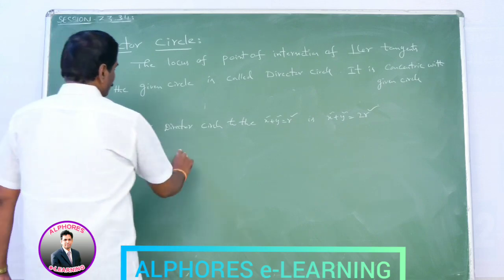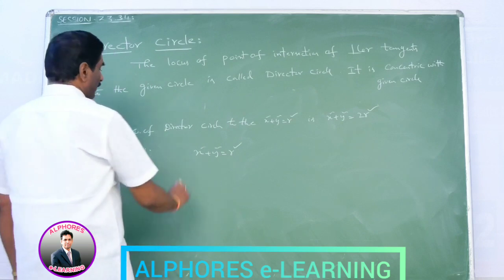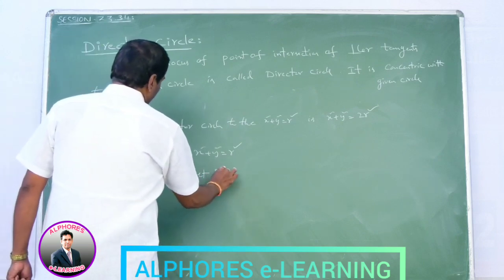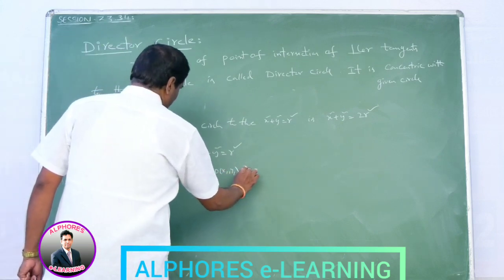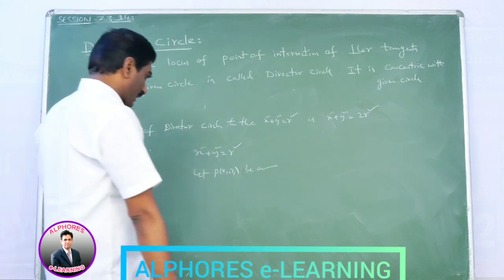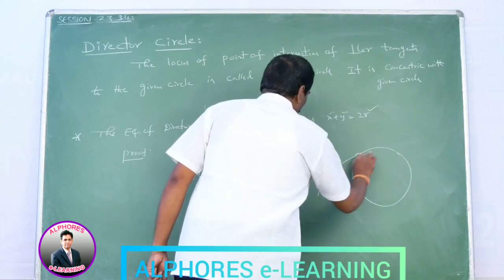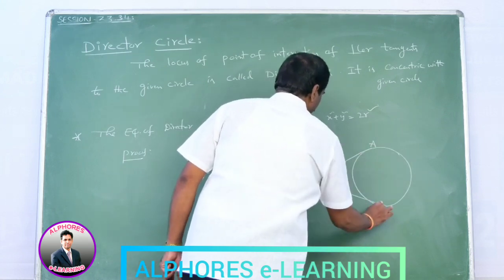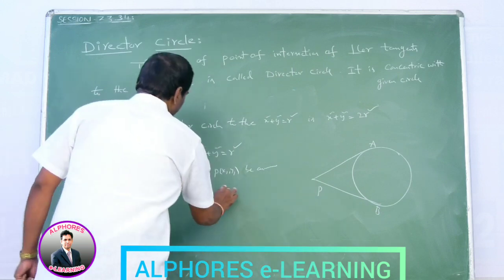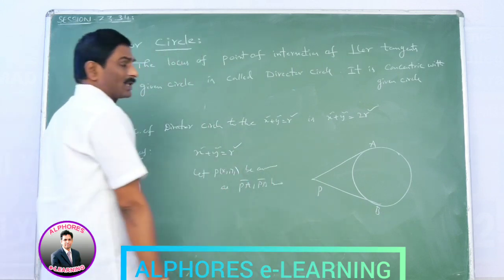Given circle x square plus y square is equal to r square. Let P(x1, y1) be any point on the director circle, and PA, PB are two tangents from P to the circle.